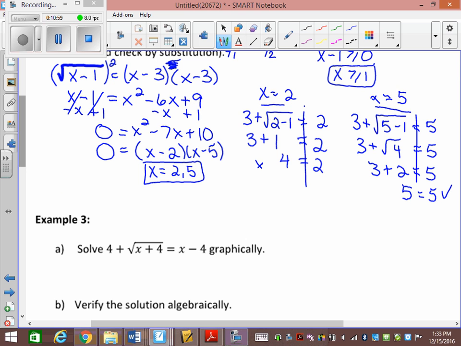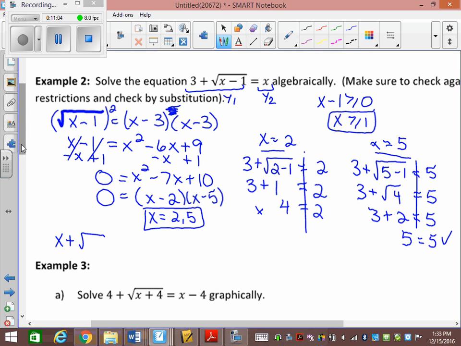So if they go x plus, say, 3 plus square root, they ask it in this way. They can say, okay, what two equations would you use and what would you do? So you could go y1, y2, use this as y1, use this as y2, second trace 5, enter, enter, enter, take the x value, correct? You could keep it, move this 3 over, and you still do second trace 5, enter, enter, enter.